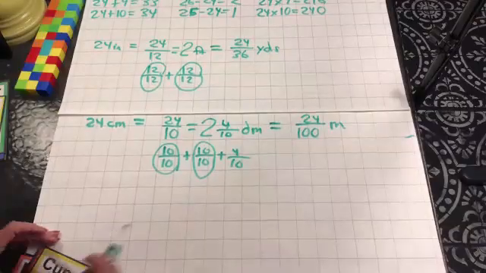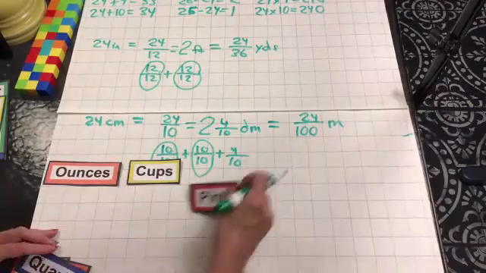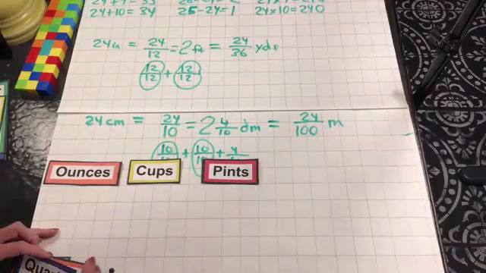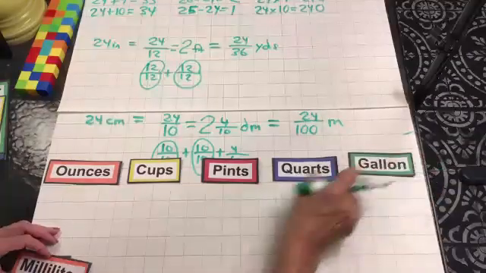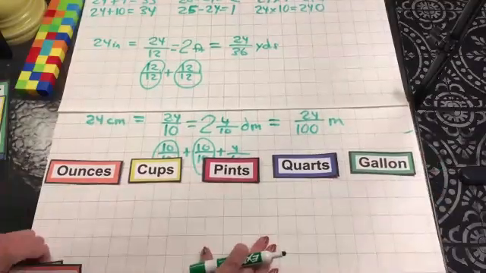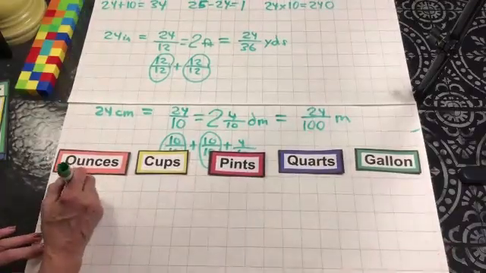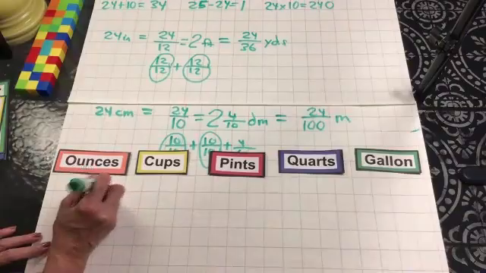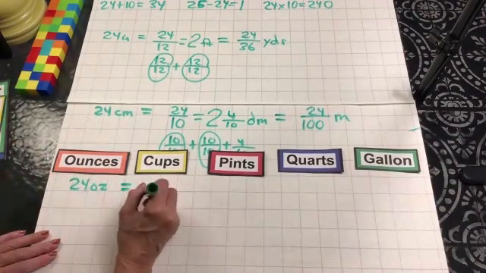So here we go. We have ounces, cups, pints, quarts, and gallons. Again, the standard form is more complicated. So let's do 24 ounces. And remember, it takes 8 ounces to make a cup.